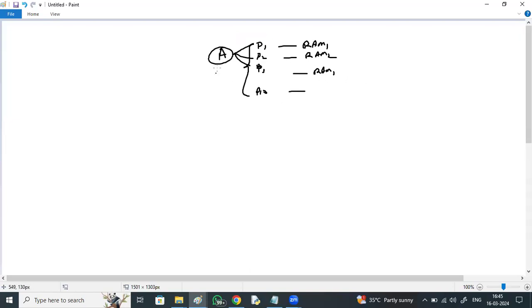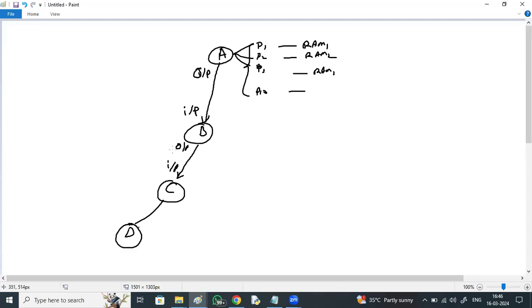They are going to be processed in parallel, and the final output is collected by B. B is the output: the output of A is taken as input by B. On B you are also performing some kind of transformation, and the output of it is taken as input by C. And similarly D.